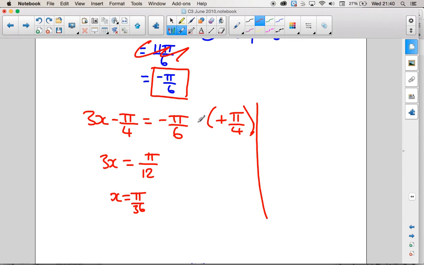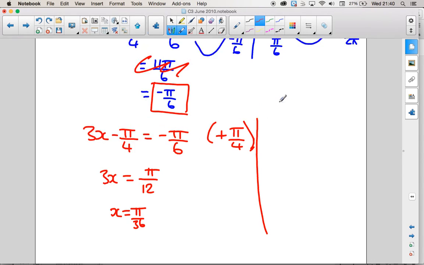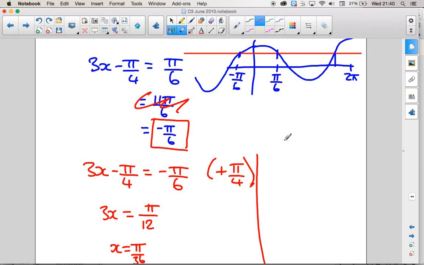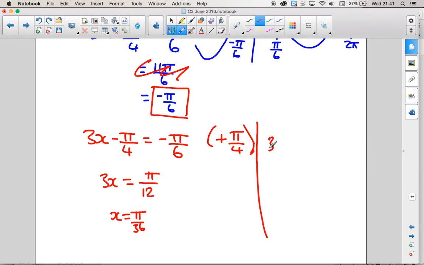If I'd used the plus pi over 6 from here instead, on this equation, so equals plus pi over 6, and then added on pi over 4, that would give me that 3x is equal to 5 pi over 12, so x is equal to 5 pi over 36, which is obviously bigger.